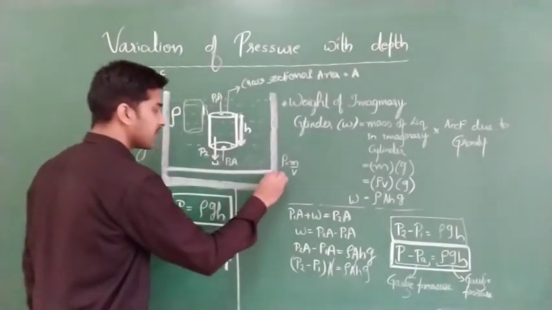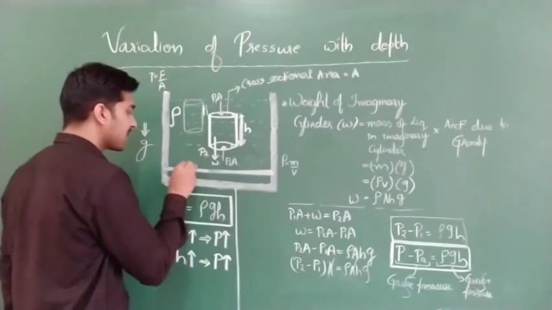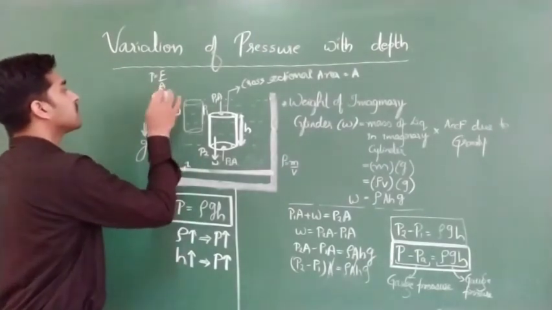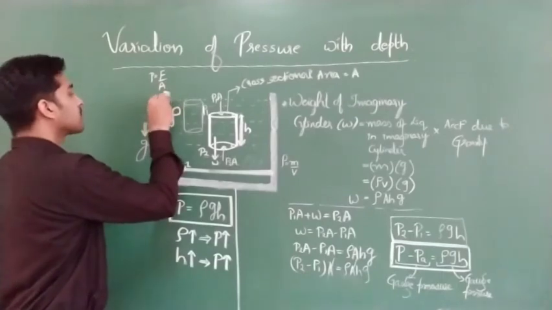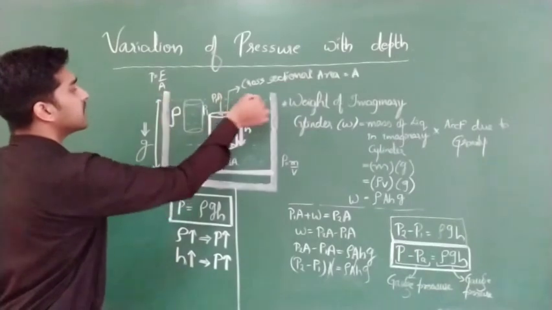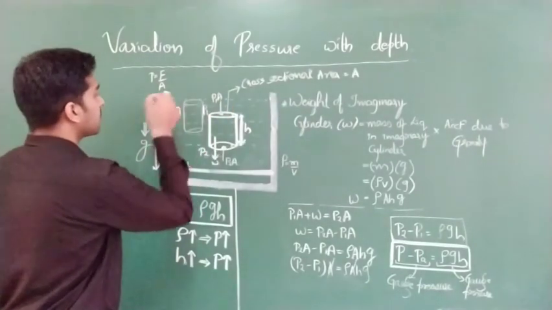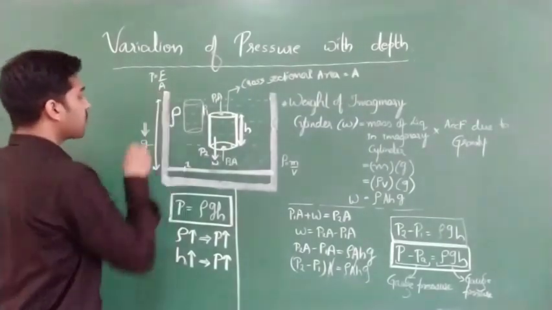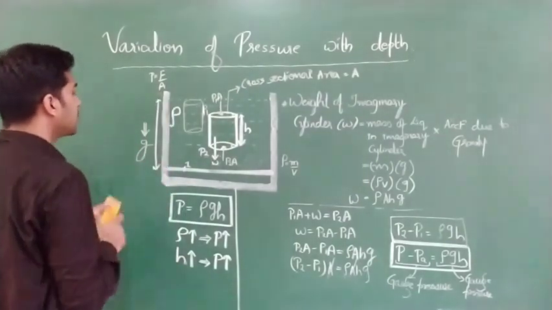So if I want to calculate pressure here, from the surface of this beaker until where the water has been filled, from this point to this point, let us consider this distance.